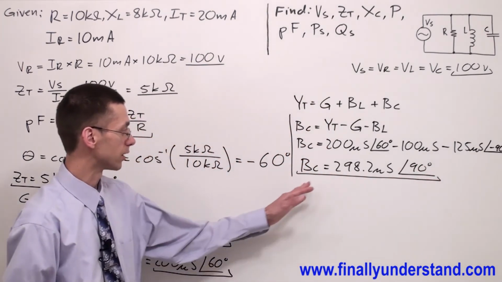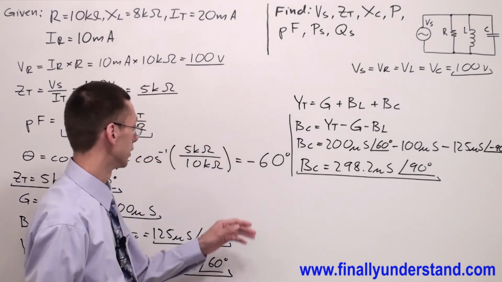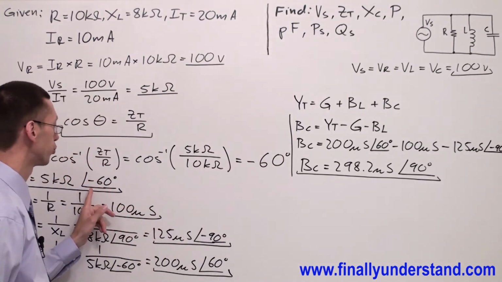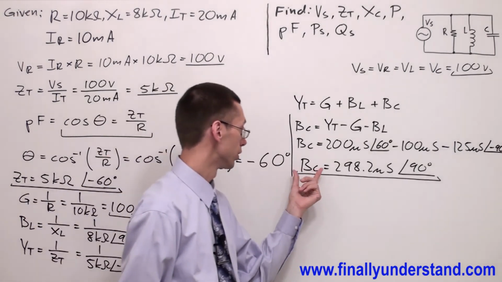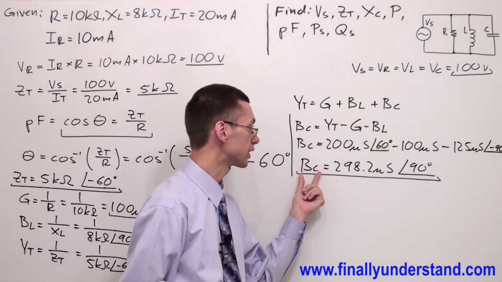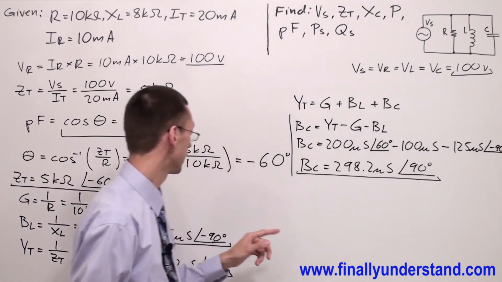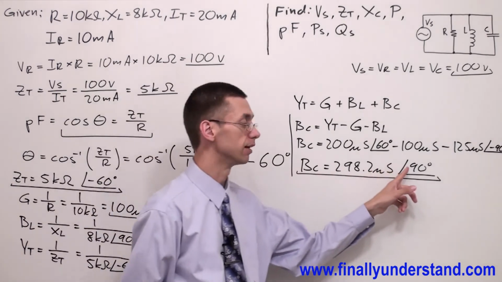And this answer is proof that the angle next to Z is supposed to be negative. Why? Because capacitive susceptance is supposed to have an angle of 90 degrees. If you had a positive sign over here, you would never get 90 degrees.